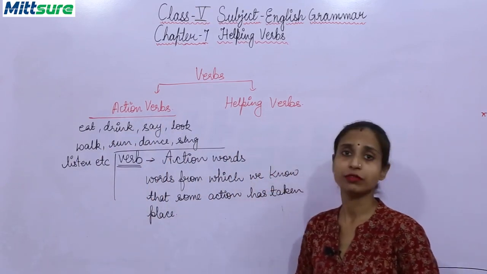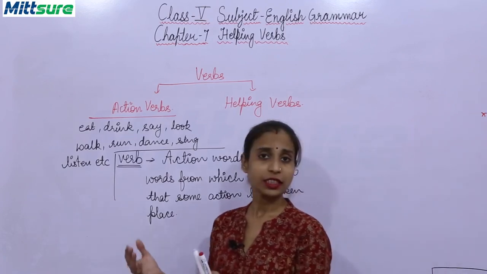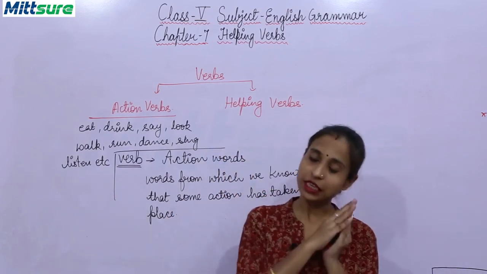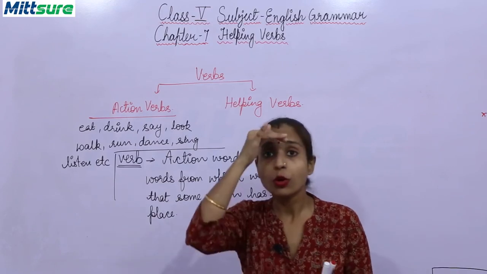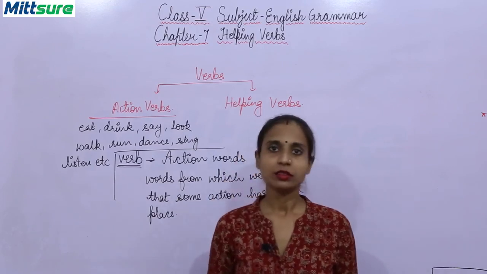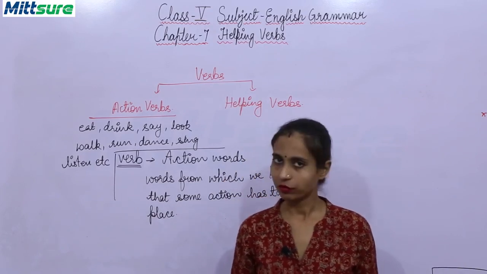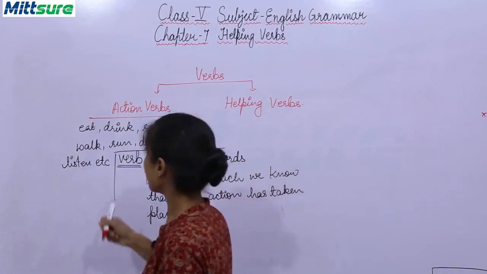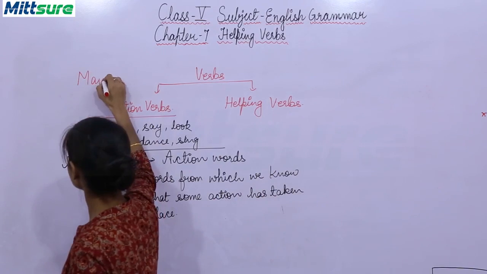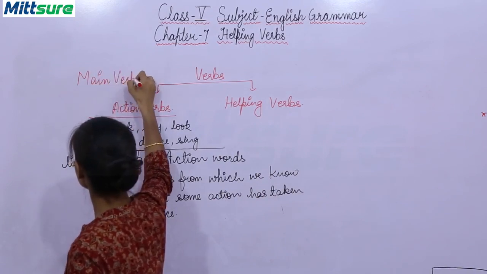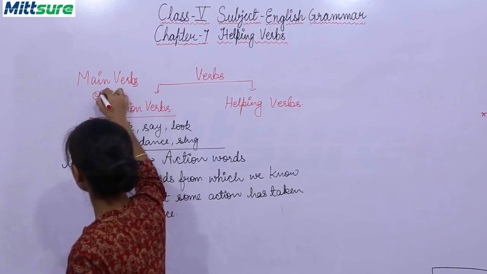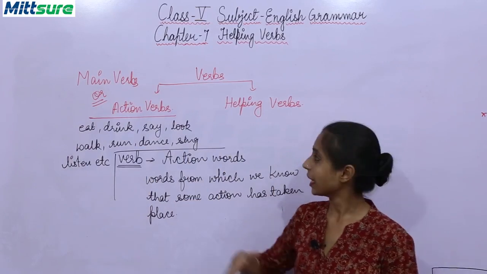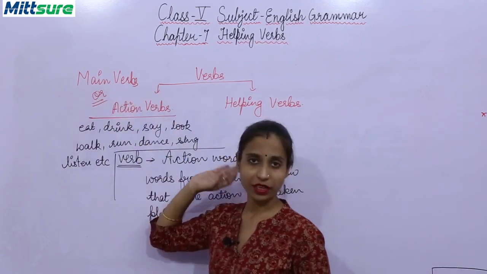Just action words, from which easily you can say that this is an action word. Eat, drink, sleep, say, listen, look, watch, walk. These all are action verbs. Easy to understand. Action verbs are also known as main verbs. Action verbs or main verbs. Both the names are correct. Alright, action verbs are also known as main verbs.